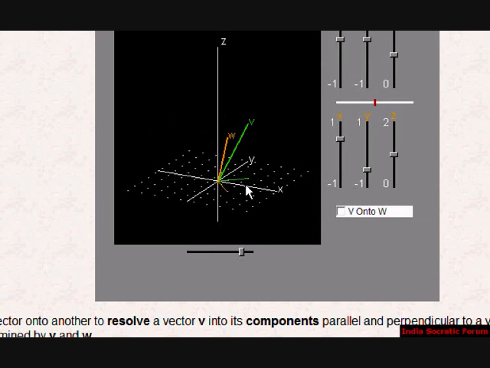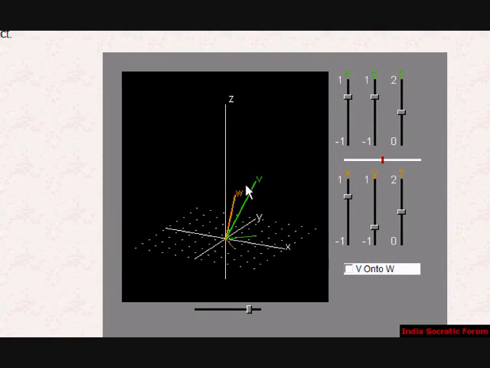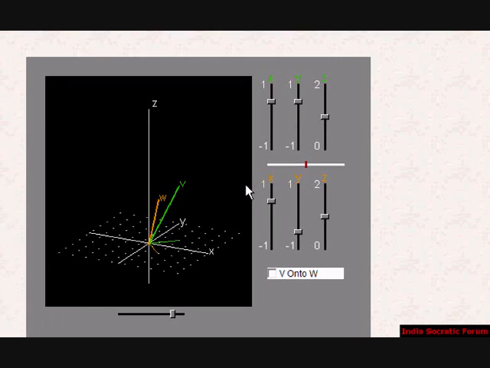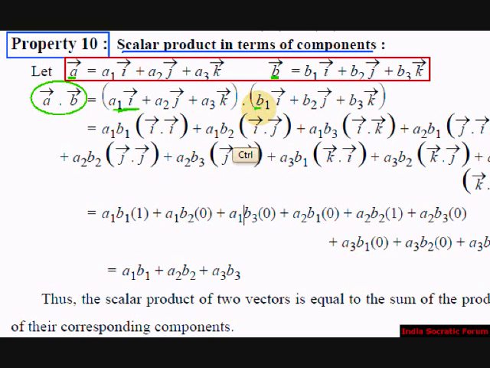We are going to see the dot product of these, with the x, y, z coordinates like this here. Let's do the dot product. A1 i multiplies B1 i, A1 i multiplies B2 j, A1 i multiplies B3 k.